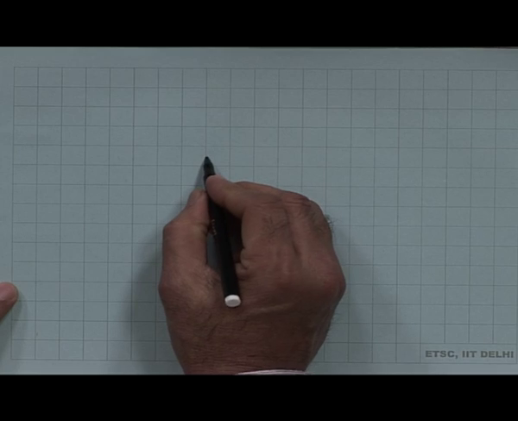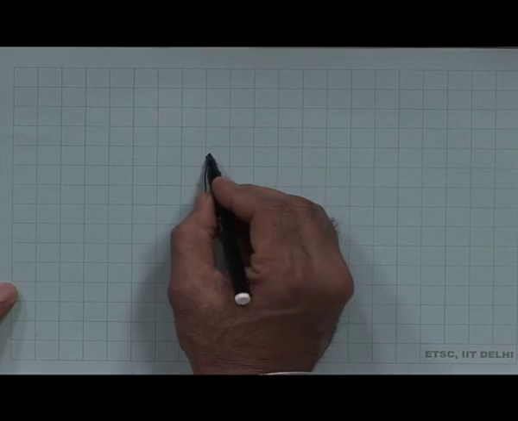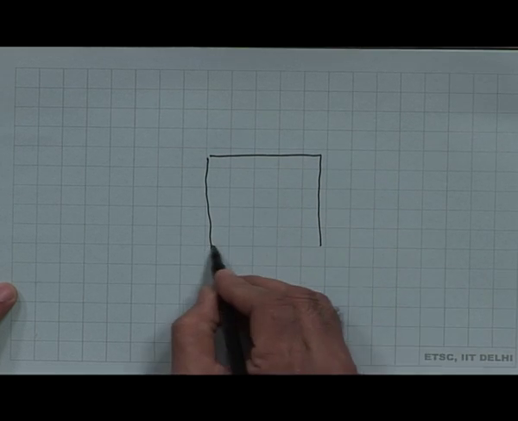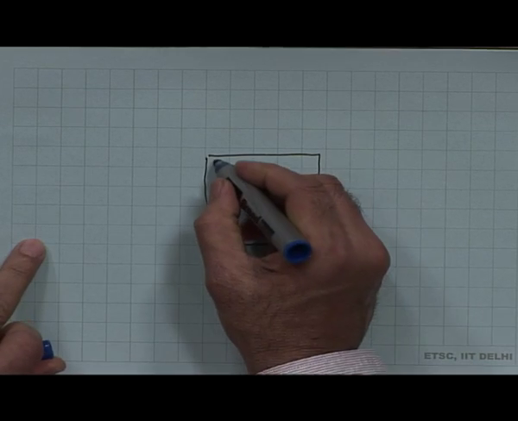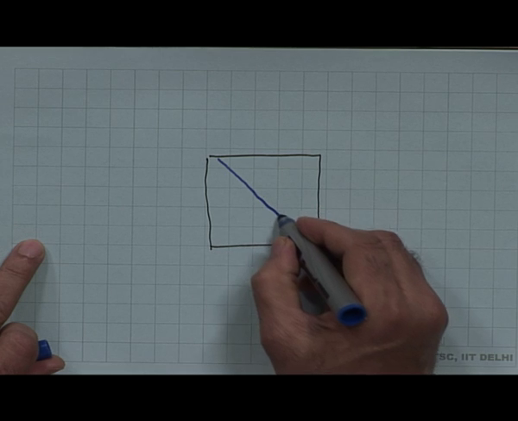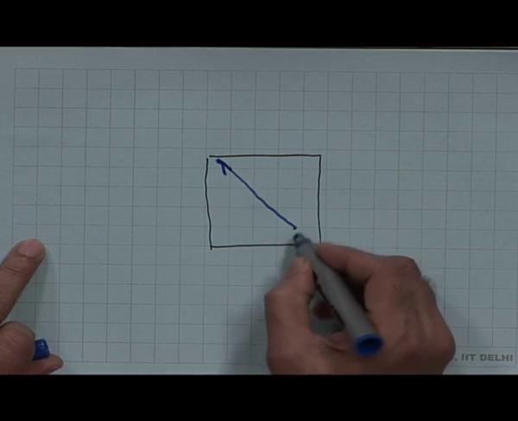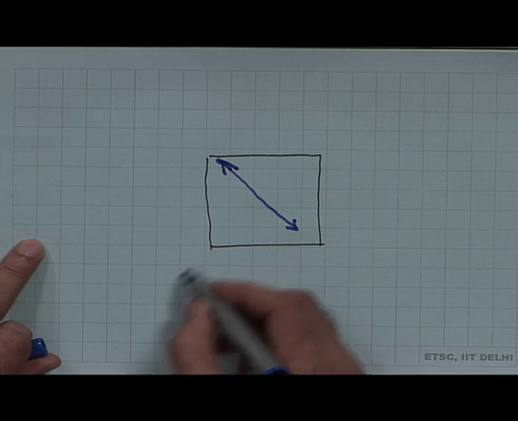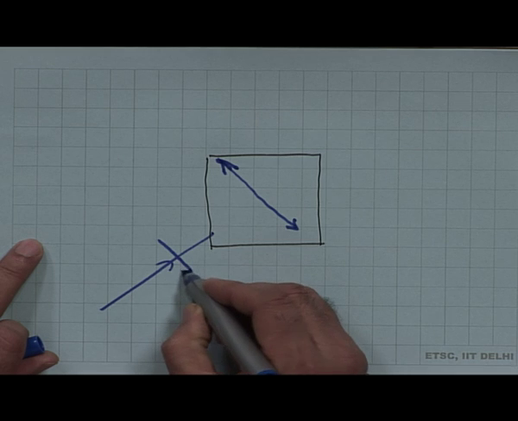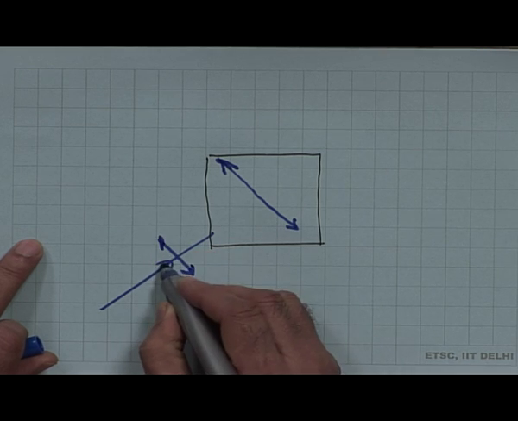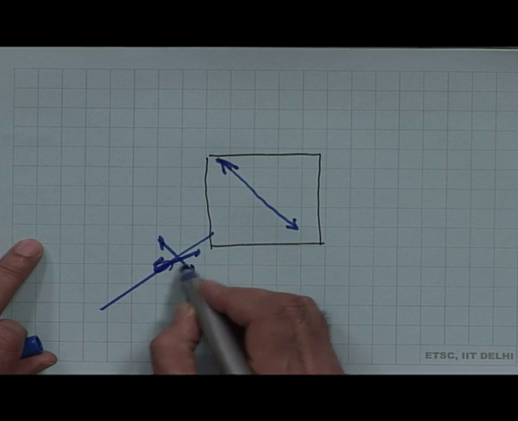So, let me show this here. If I consider the pass axis to be like this, at an angle, then the light which is coming here will be resolved into one component like this and the other component perpendicular to this.